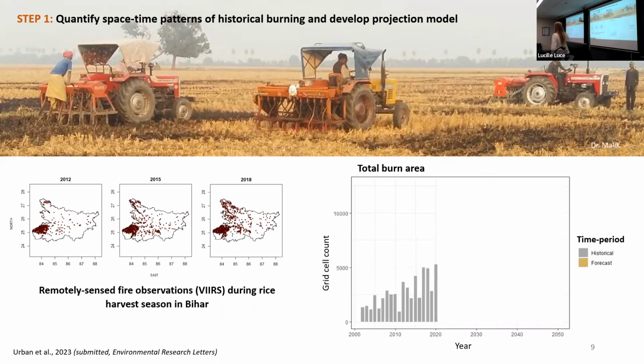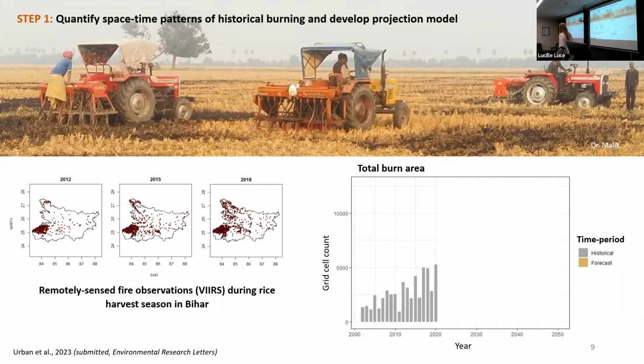When we look at this quantitatively across time, on the x-axis we have the years, and on the y-axis we have the burn area. And in the gray, we can see from our historic knowledge of fires and what we're seeing from the satellite data, that fires are nearly doubling.